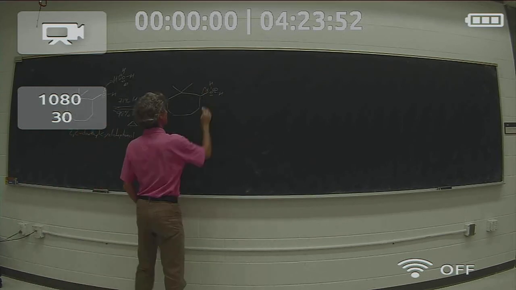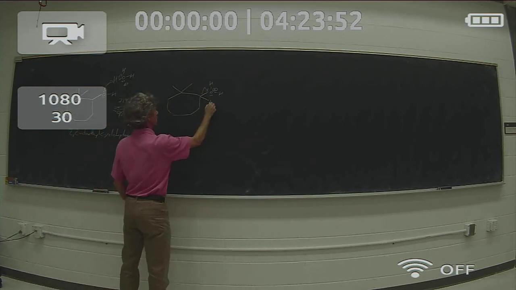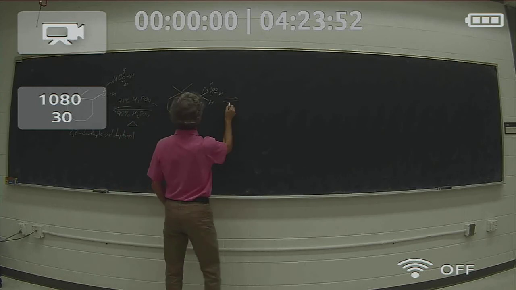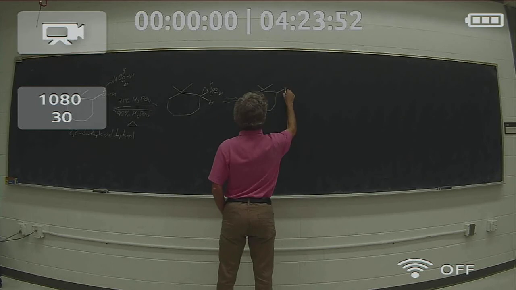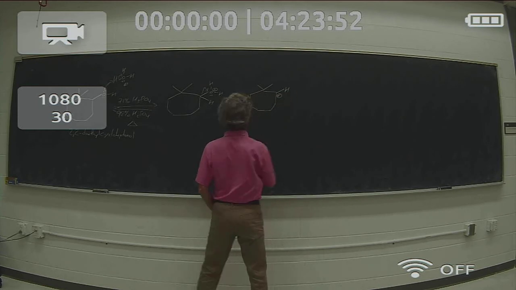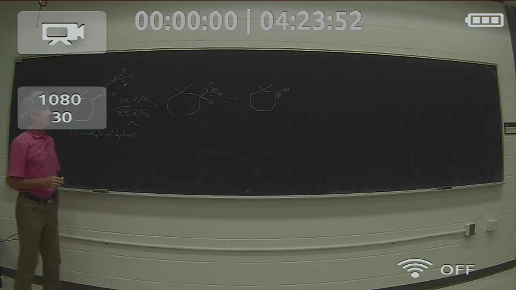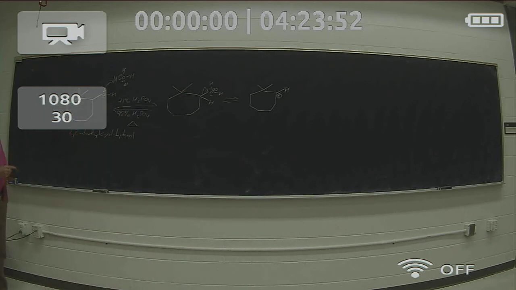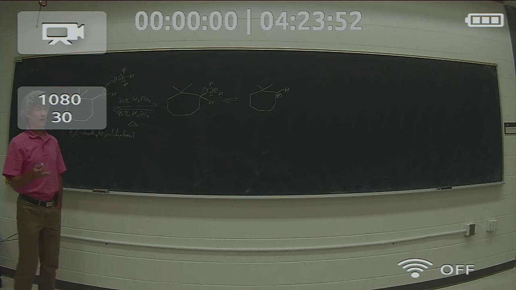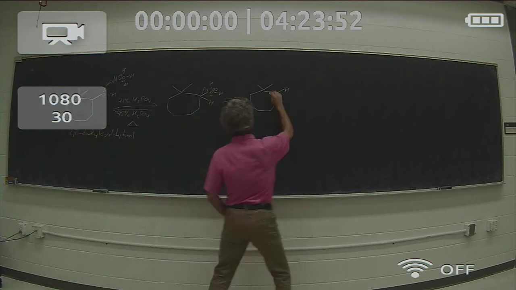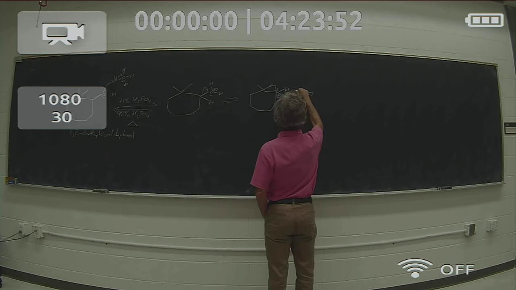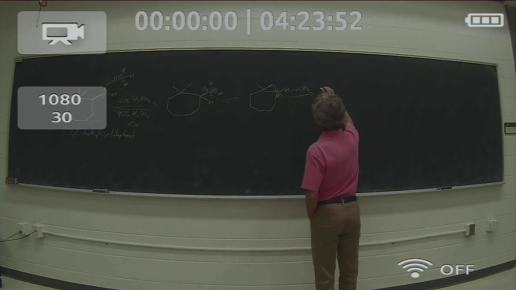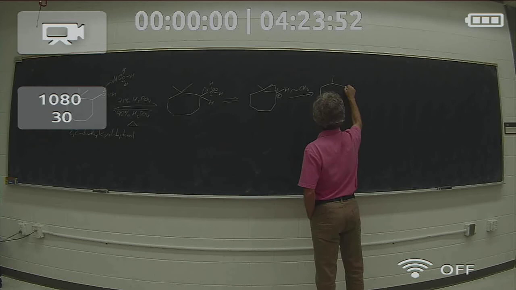Water can then leave, taking its electrons with it, to generate a secondary carbocation. And at this point, we can, in fact, have a methyl shift to generate the more stable tertiary carbocation.